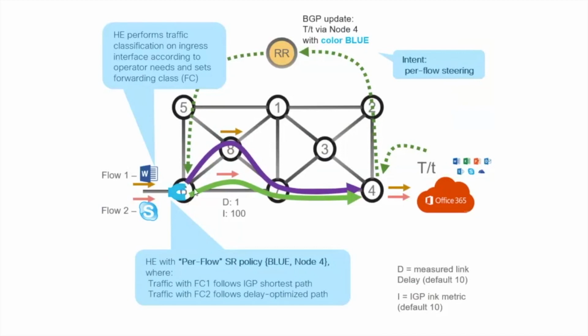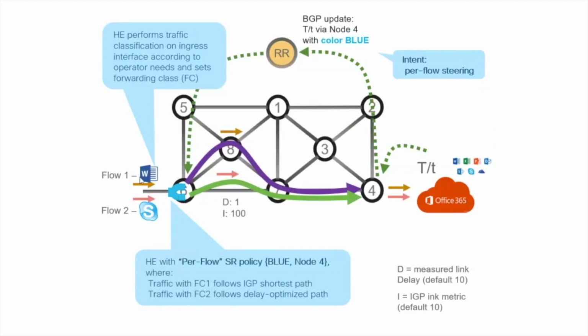So the notion is, if I receive a prefix from the network that is coming in with an intent that requires PerFlow steering, in this case I'm going to semantically describe that intent with a color blue. And for example, I have a BGP route for prefix T via node 4 with color blue. The egress router number 6 in the lower left-hand side will be able to map, according to the classification criteria I have configured on the interface to the left of 6, and identify different applications.